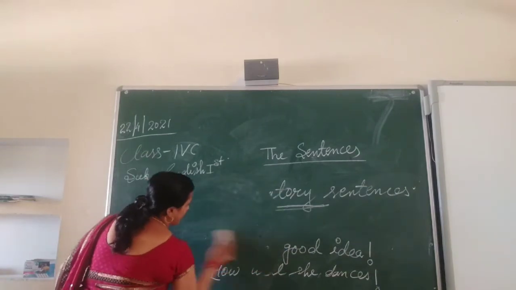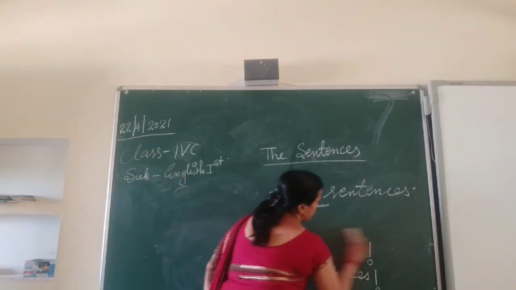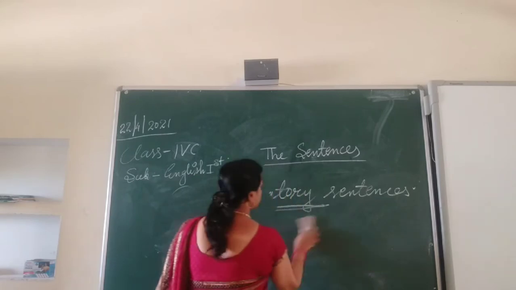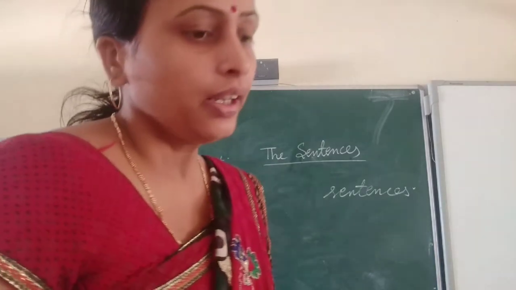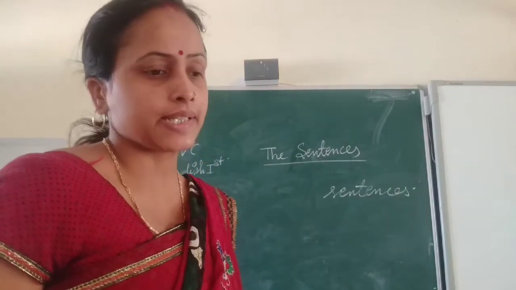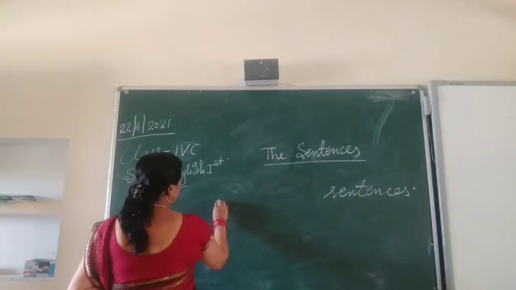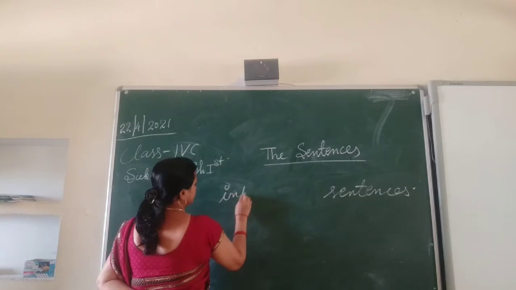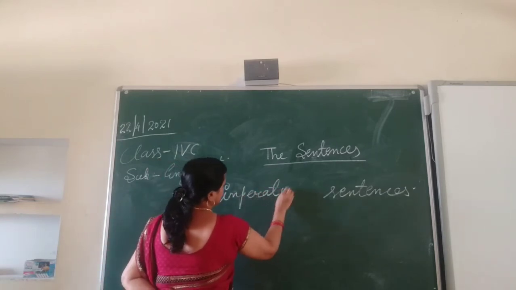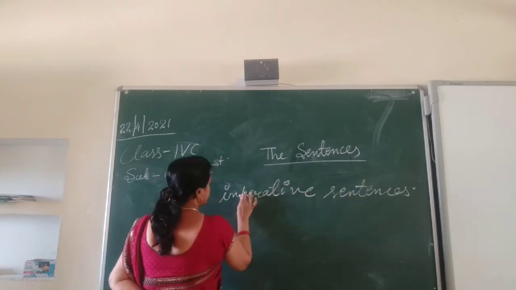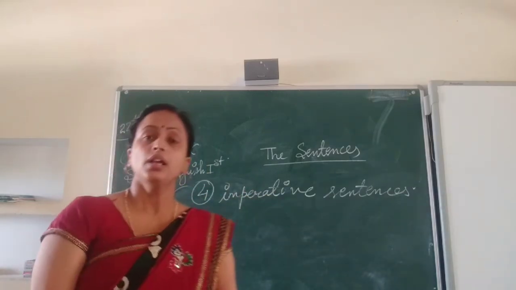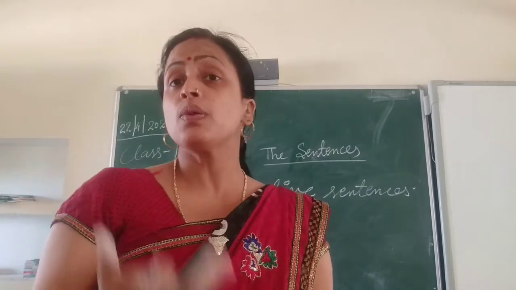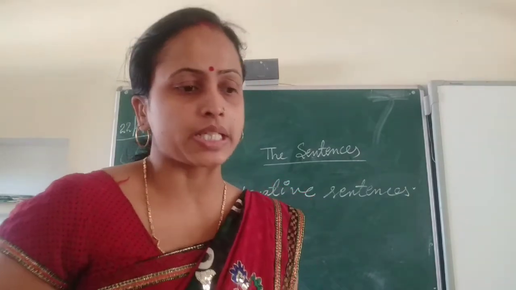Now, three kinds of sentences are over. Now we will see another kind of sentence, the fourth kind of sentence. What is that? Imperative sentences. So first of all, what do you mean by an imperative sentence?